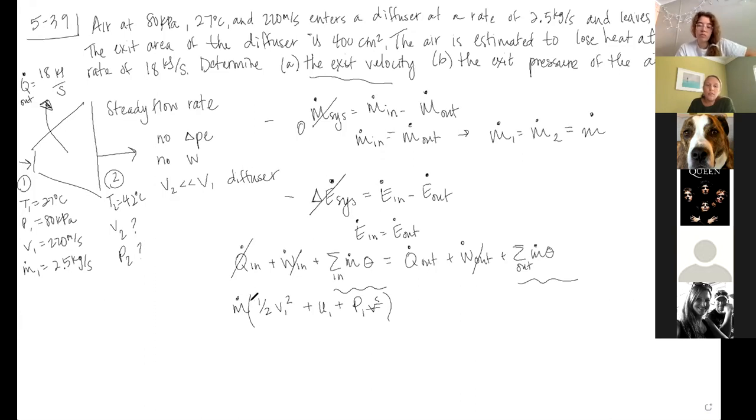And this would be from our incoming side. And on our outgoing side, we have heat coming out plus our mass flow rate at point 2 times 1/2 our velocity at point 2 squared plus our internal energy at point 2 plus our pressure at point 2 times specific volume.